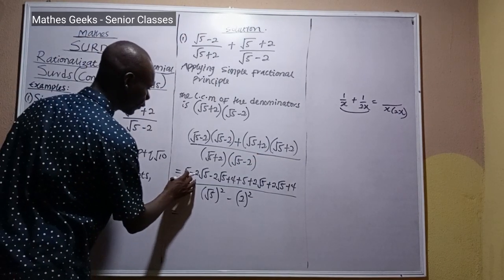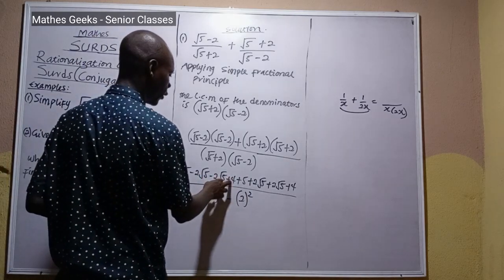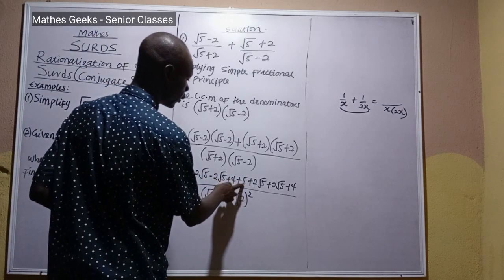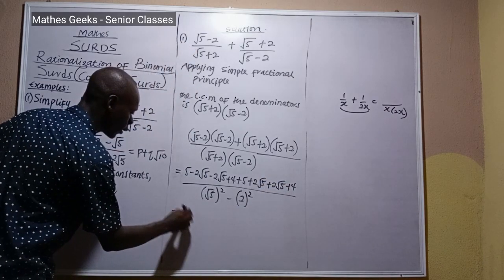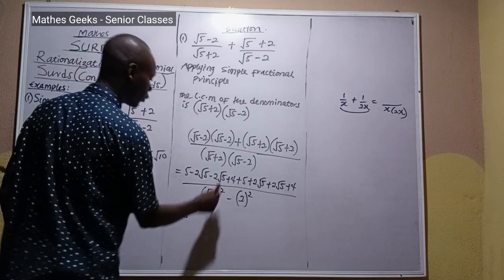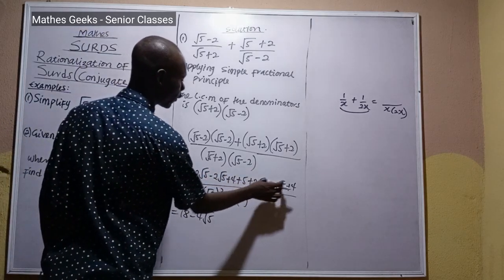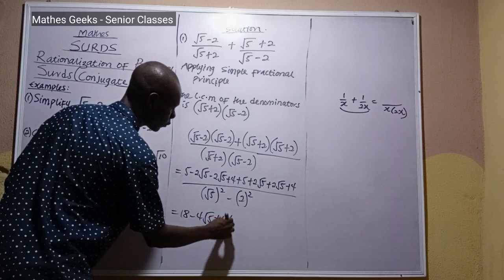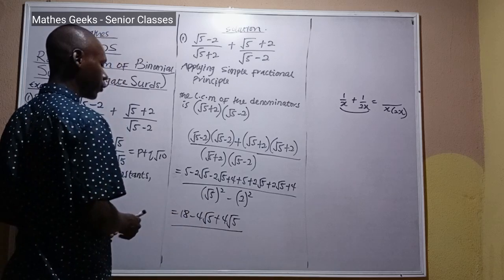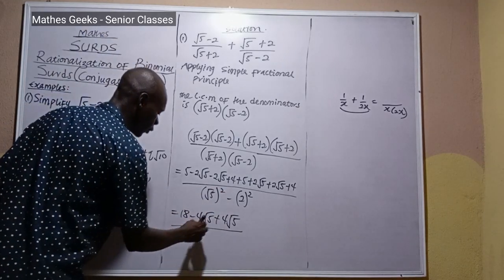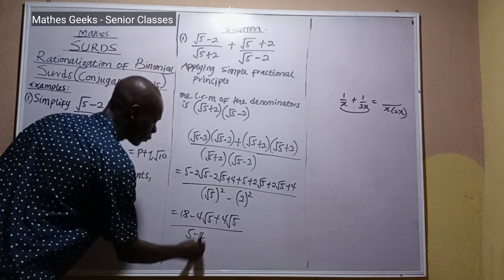Expanding, 5 plus 4 is 9, plus 5 is 14, plus 4 is 18. That's 18 minus root 5 minus root 5, that's minus 4 root 5, plus 2 root 5 plus 2 root 5, that's plus 4 root 5, over root 5 squared, which is 5, minus 2 squared, which is 4.